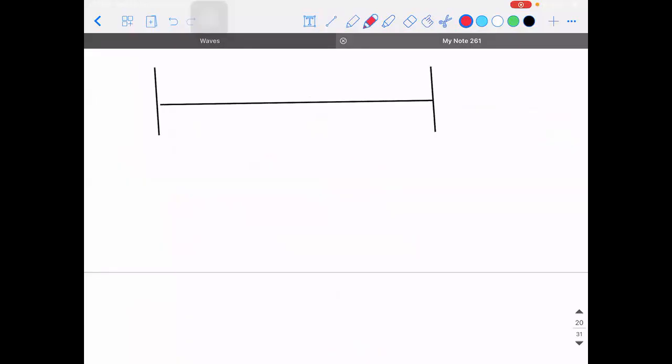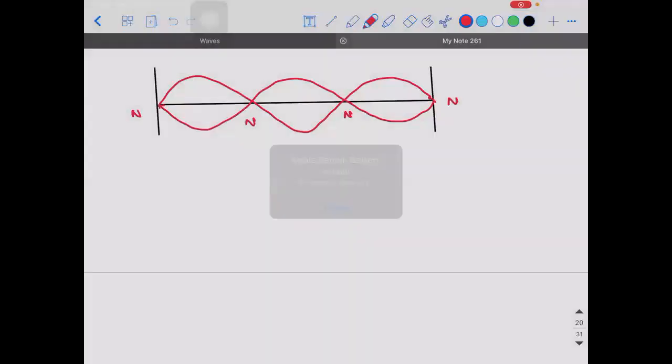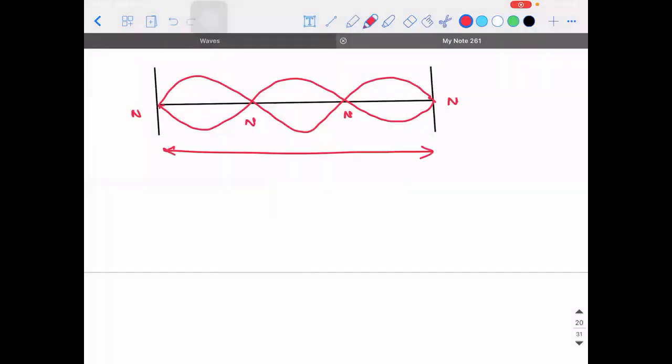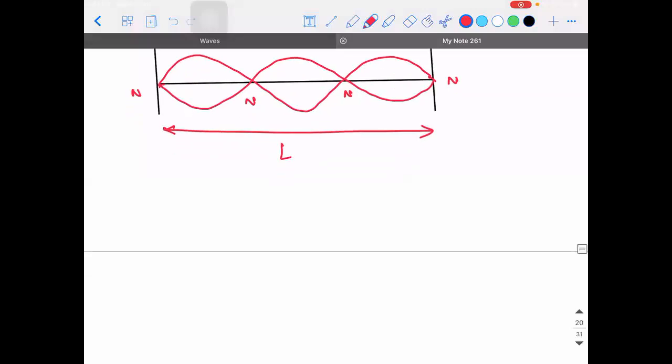Then the third mode of vibration will have three standing waves. It will be something like this. It is a node, node, and node. So the distance L is how much? L will be equal to how many? 3 lambda by 2, sir.